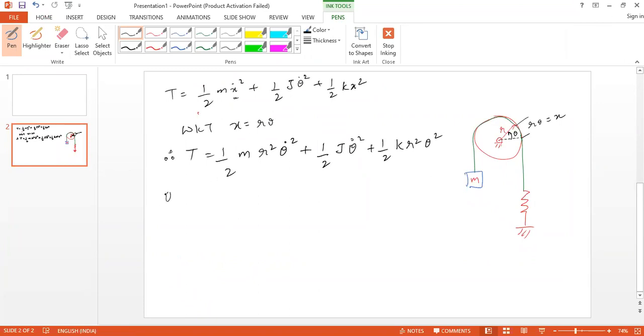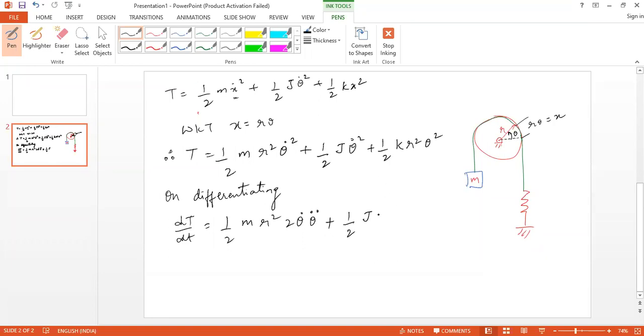So now on differentiating, that is dT by dt, that is equal to half m r square, in place of theta dot square, 2 into theta dot theta double dot, plus half J 2 theta dot theta double dot plus half k r square 2 theta theta dot, and that will be equal to 0, right?